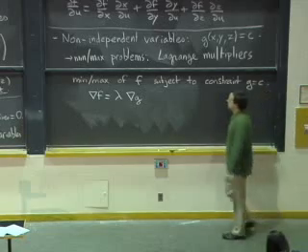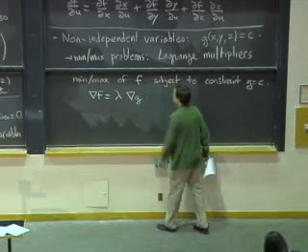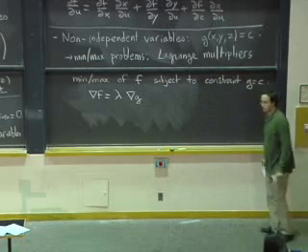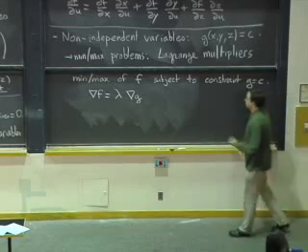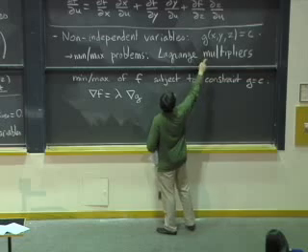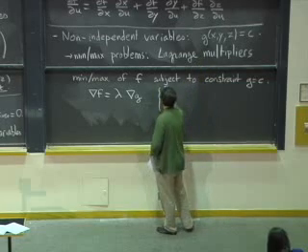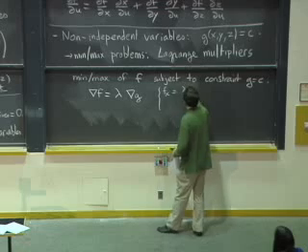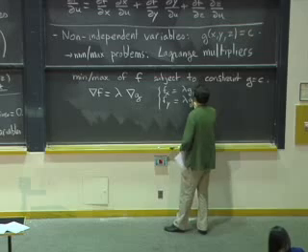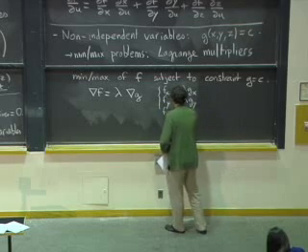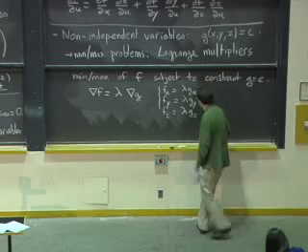So there's a new variable here, lambda, the multiplier. For functions of three variables, this becomes three equations: f sub x equals lambda g sub x, f sub y equals lambda g sub y, and f sub z equals lambda g sub z.